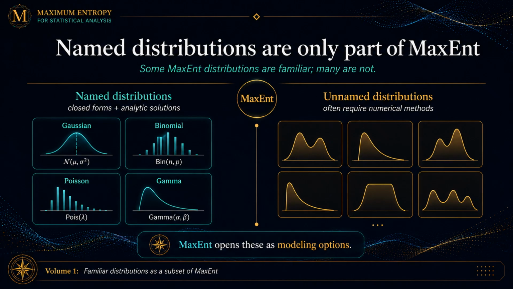But what MaxEnt allows us to do, combined with computing power, is to solve for probability distributions that don't have closed forms, right? That are bespoke to the assumptions that we hold about our data. And that makes it incredibly powerful and incredibly flexible.